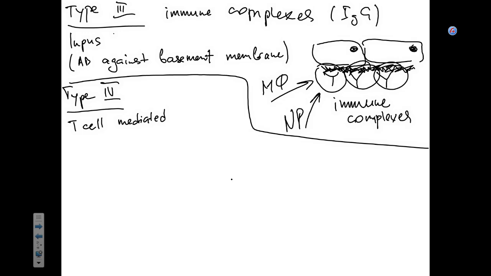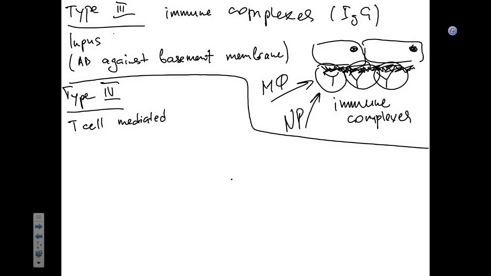Okay, so tuberculin test, what does it do? It turns out that your response to Mycobacterium tuberculosis depends not so much on the antibodies, but mostly on the T cells, yes. So it checks for the presence of T cells.